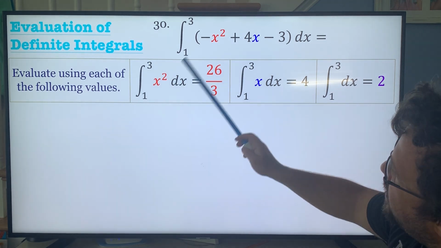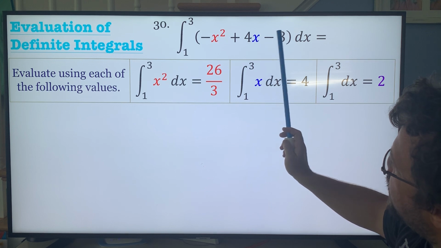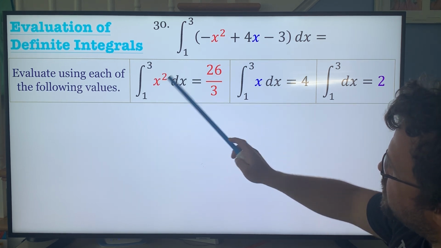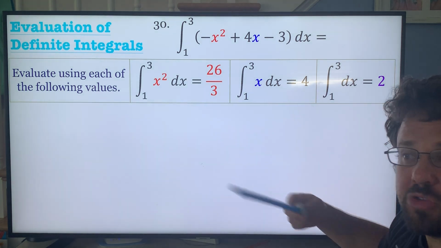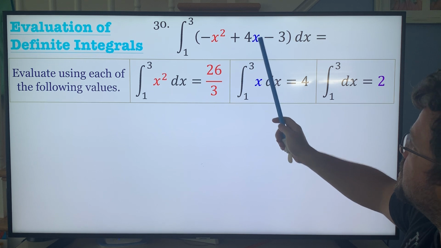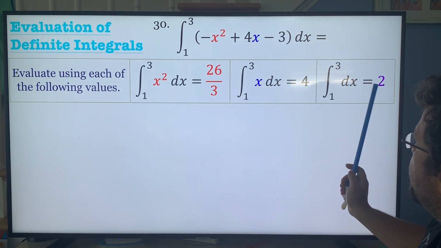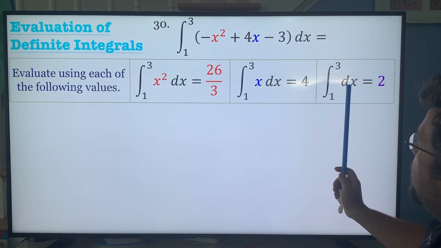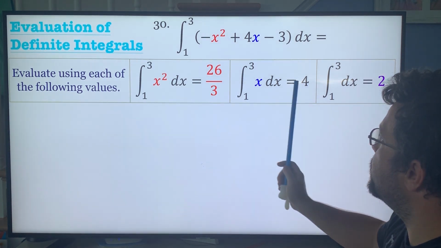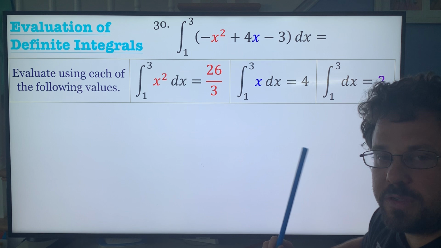First one, notice x squared, x, and then a constant. I know that the integral from 1 to 3 of x squared is 26 over 3. Someone did experiments and found that out. The integral from 1 to 3 of x is 4, and the integral of 1, or just regular dx, is 2.